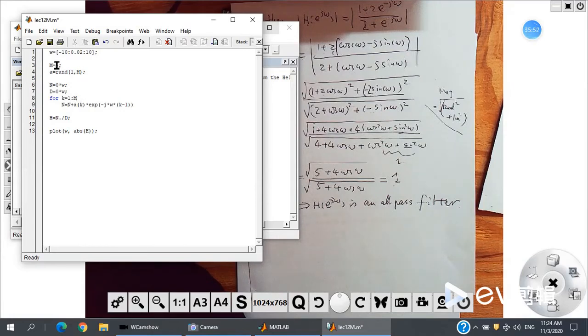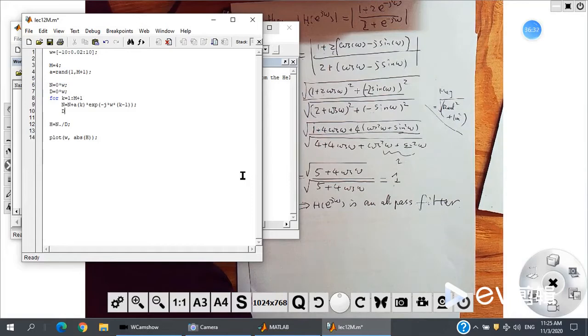Oh, this is not order, so here I add 1, because the first element for a is not for order, it's for the constant, right? So for order m, here should be m plus 1. Then here I also need this plus 1. Then I have a k times this term. When k is 1, the order k minus 1 is 0. When k is m plus 1, that is a k, that is m, right? K minus 1 is m, okay. This one is good. This one is for n.